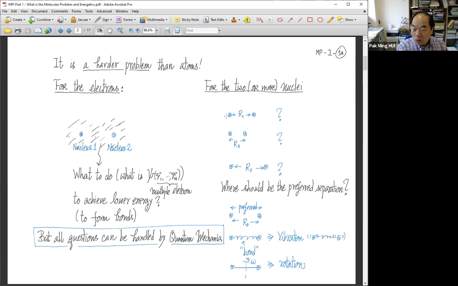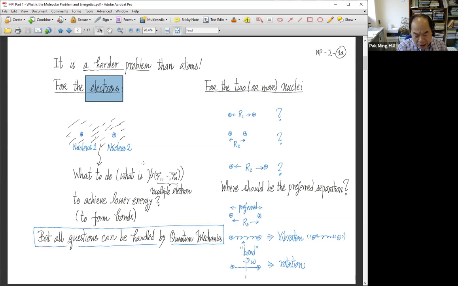There are two main questions that we want to answer. Number one, let's say the two nuclei are at some locations, so there is a certain distance apart. Question number one is, for the electrons, what should we do?